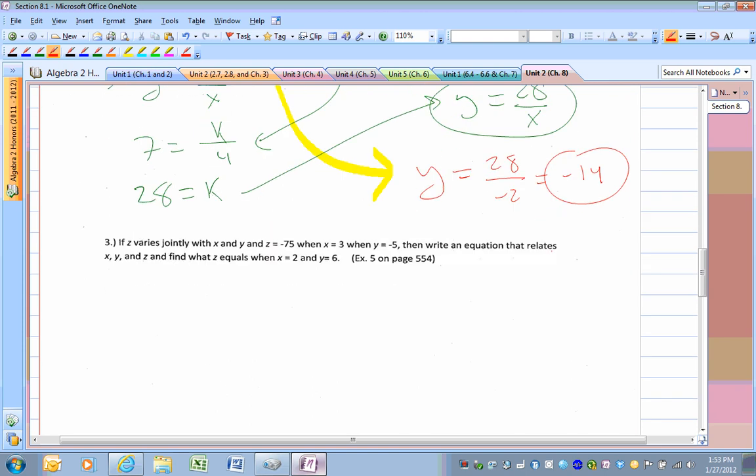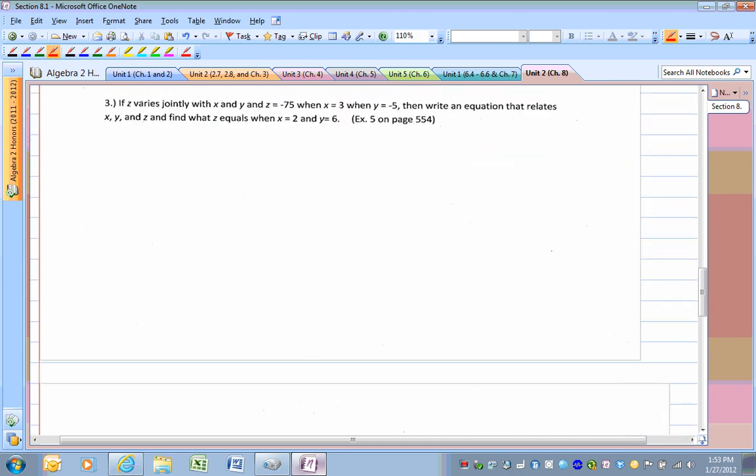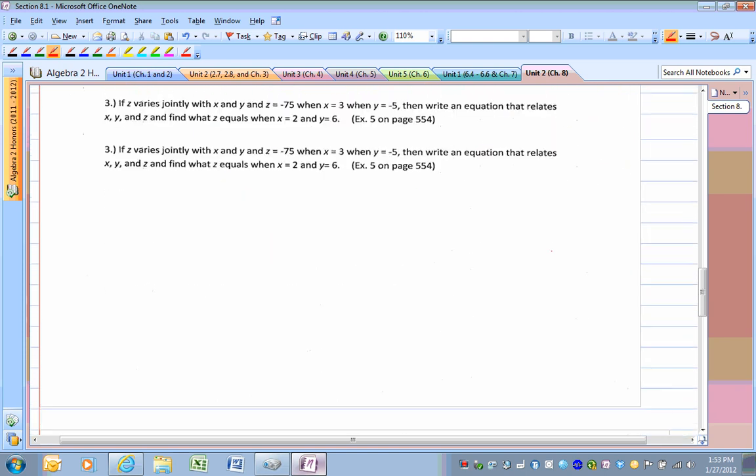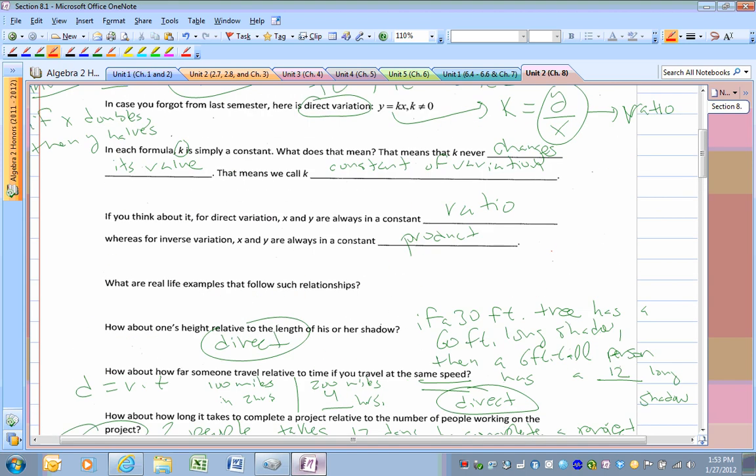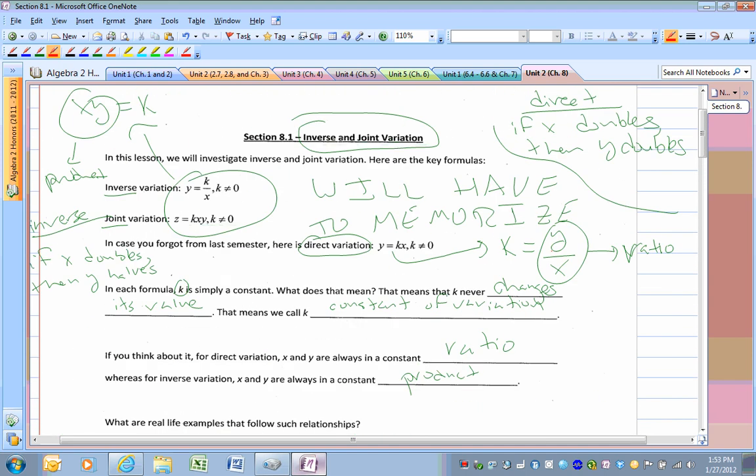Okay. Got it. Okay, number 3, varies jointly. So going all the way back up here to the first page, when you have varies jointly, basically it's direct variation with multiple variables.